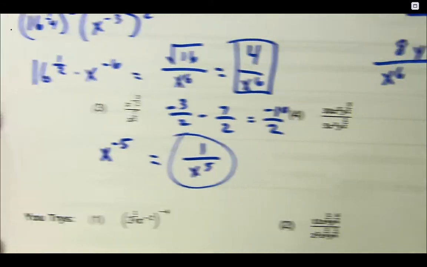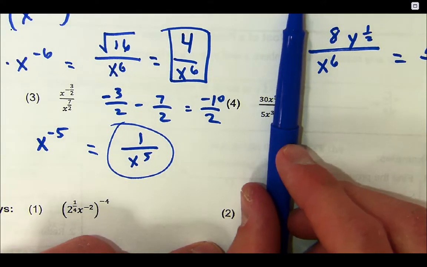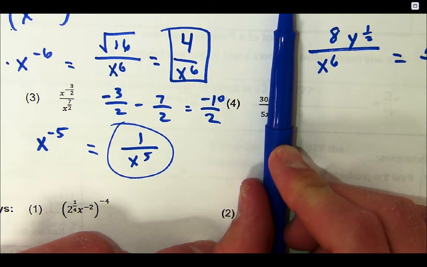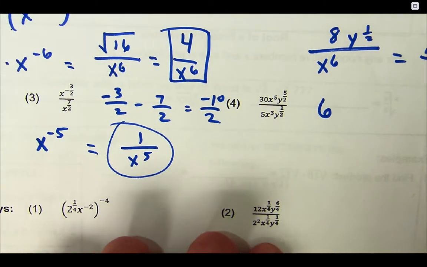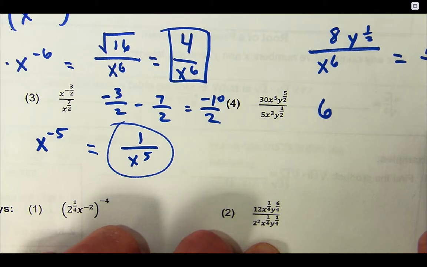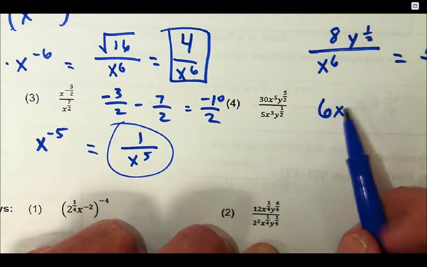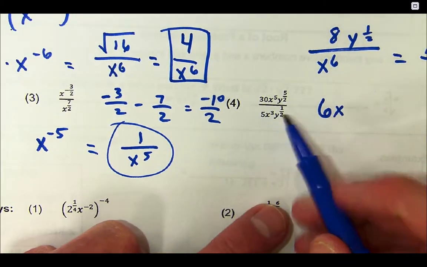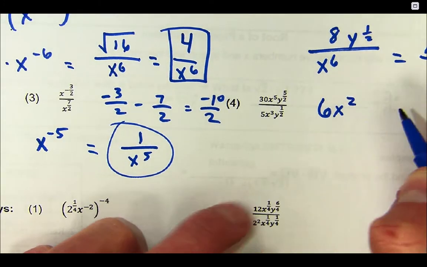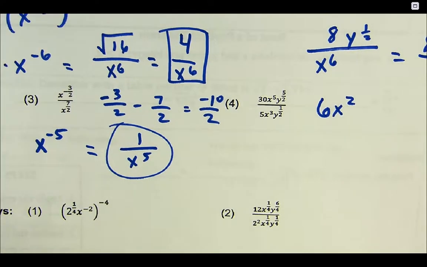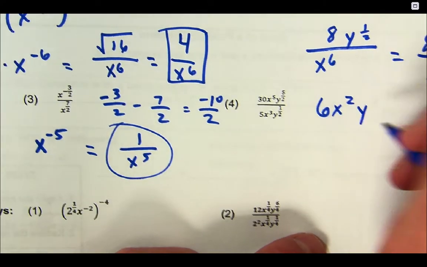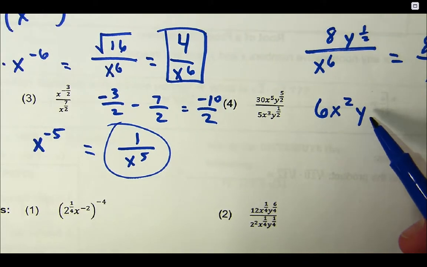And then let's try number 4. Once again, if you were just given 30 divided by 5, 30 divided by 5 is 6. Your exponent on your x variable is 5 minus 3. And when I was in school, 5 minus 3 was 2, and I believe it still is. Now we got to figure out what the exponent is for y.